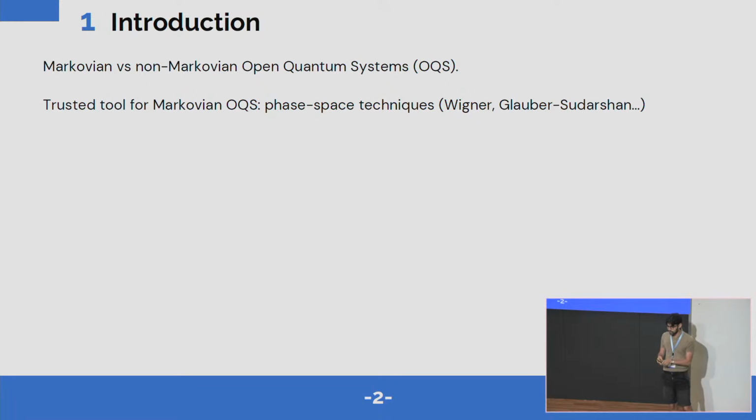These are much easier to work with because they are intuitive and allow analytical and numerical treatment. But for non-Markovian open quantum systems, this is not that easy because they are not local in time, so it is hard to apply phase-space techniques to obtain these stochastic Langevin equations. In this work, we fill this gap. We give a method to apply phase-space techniques to non-Markovian open quantum systems.